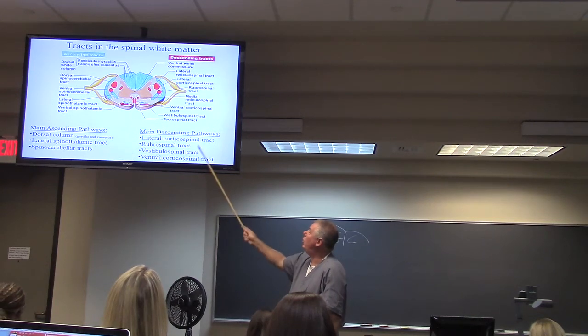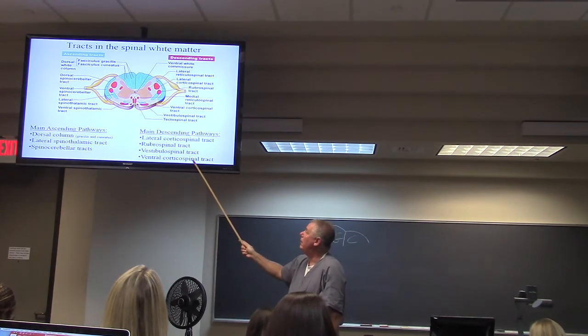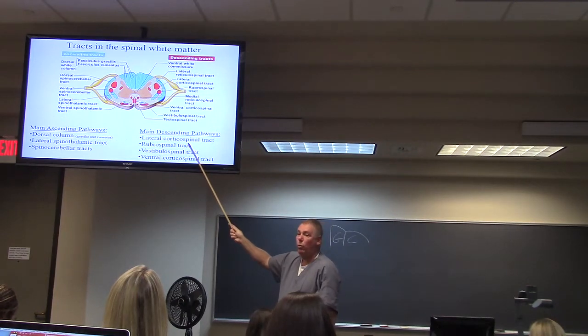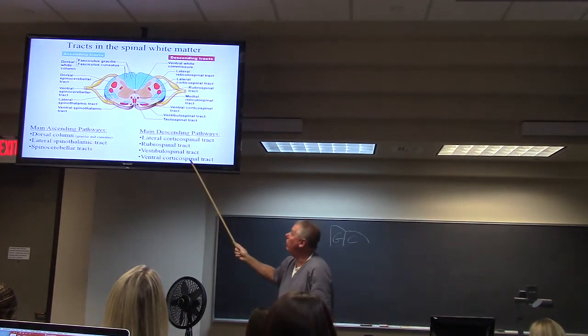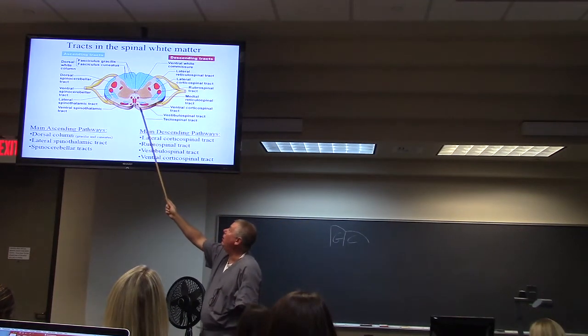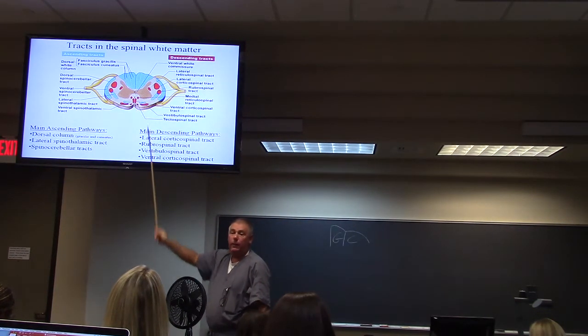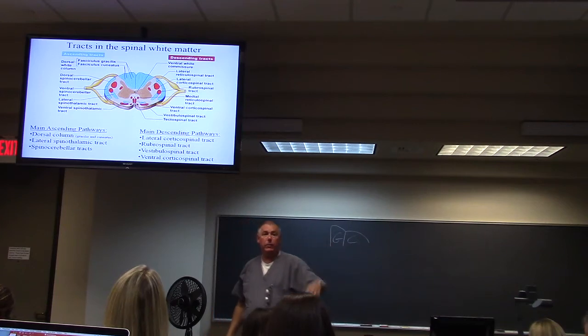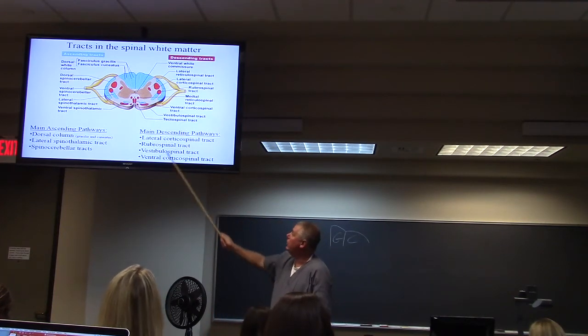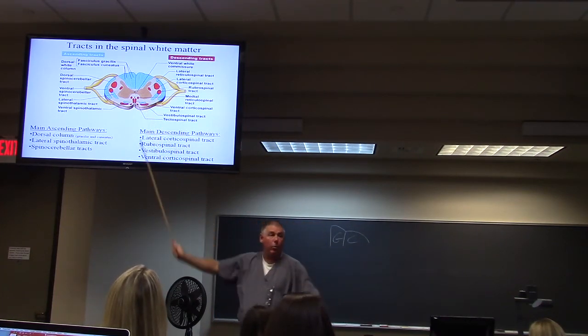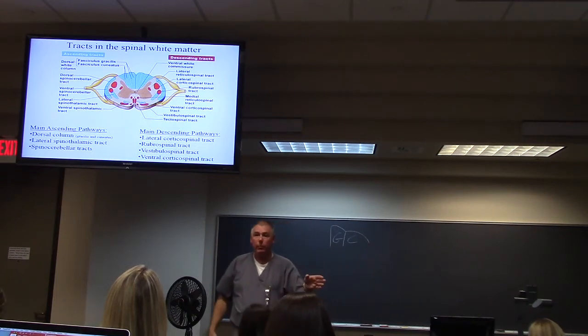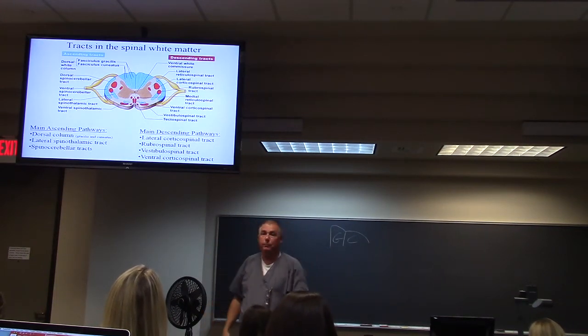There are two corticospinal tracts. The largest one is the lateral corticospinal tract, and we're just going to stick with that one. The ventral corticospinal tract is a very small tract that we're not even going to pay attention to, okay? But you're going to see it in a lot of slides. Lateral corticospinal tract, that's the one that's important.